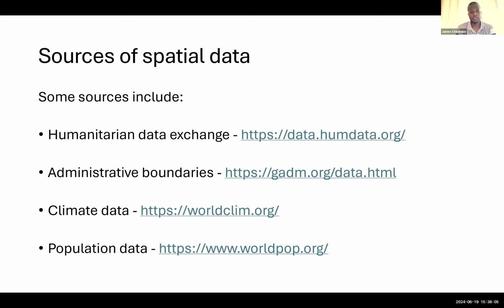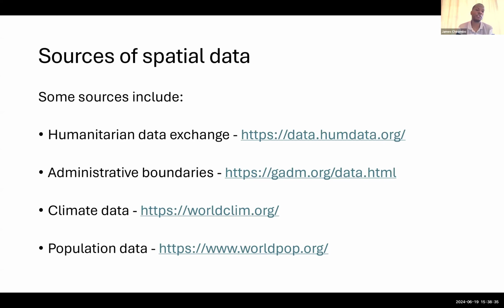So this website, the second bullet point here, will give you access to official administrative boundaries for almost any country in the world. And within each country, you have multiple layers. You can have level 1 boundaries, level 2, level 3, depending on the sub-district administrative units of that particular country. I think level 0 is national boundaries.